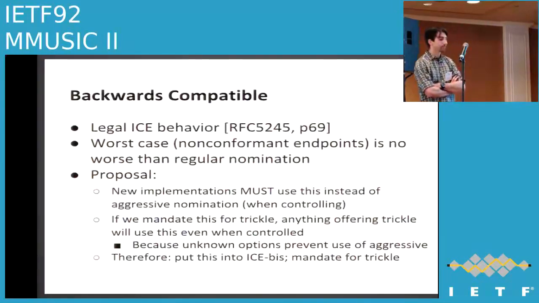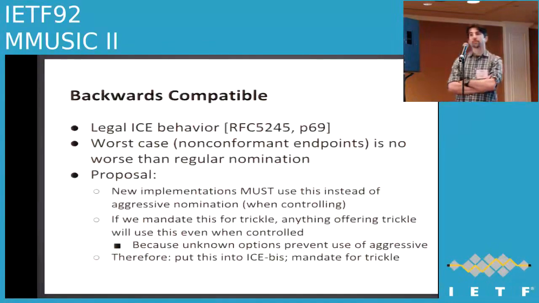Yeah, I guess I'm in favor of making this change, but to be clear, this will have inferior performance properties to aggressive nomination for non-conformant endpoints, right? As I understand it, the point of making this change is an answer to the question of when is ICE resolved, right?